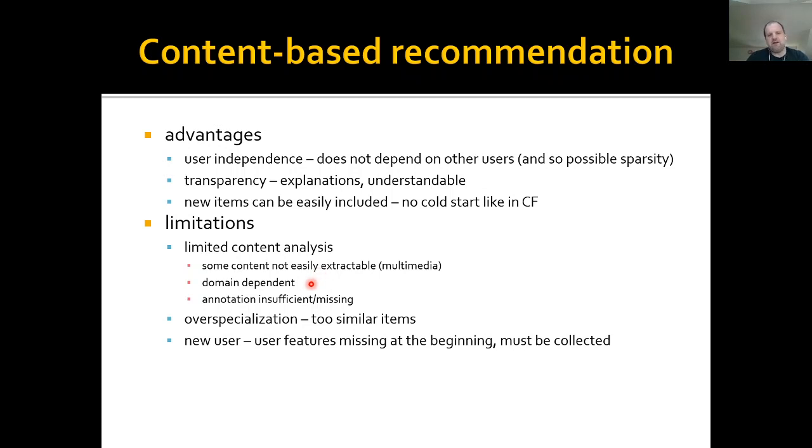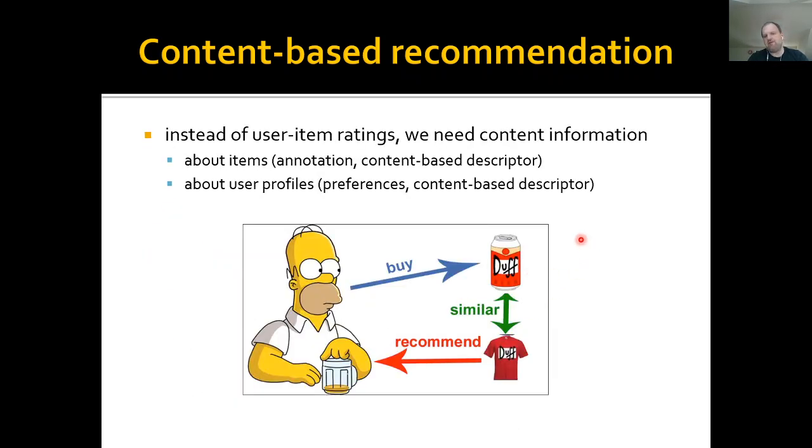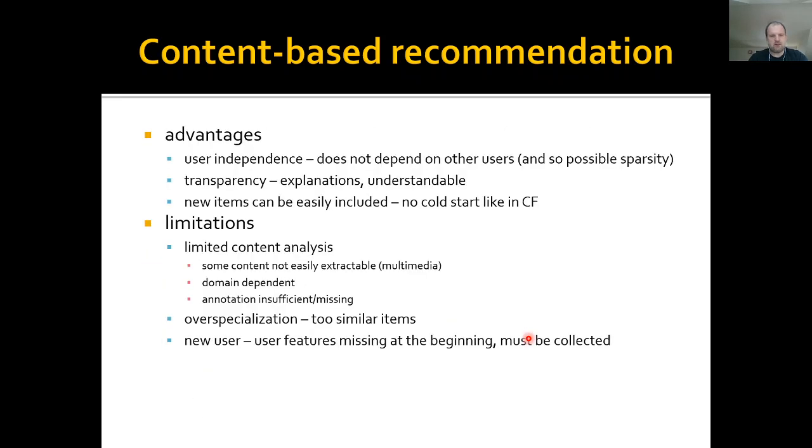It's heavily dependent on the domain, and if we rely on annotation, not only on the content itself, this could be missing. If we want to have textual annotation here and here and base the similarity on text similarity, when it's missing here, we cannot use it. But this is also a problem with collaborative filtering if we miss the ratings.